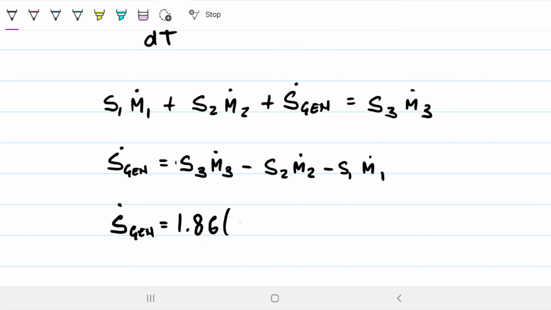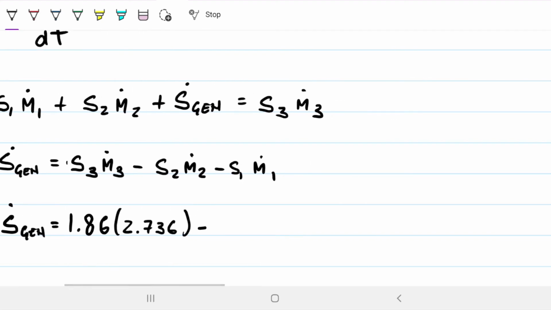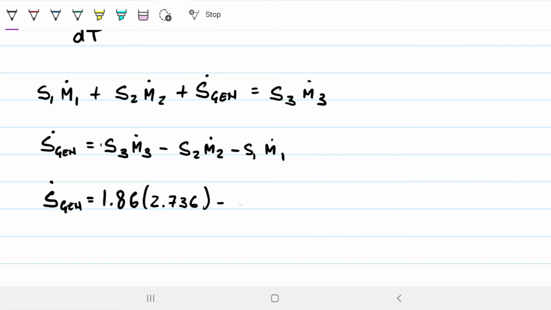So 1.86 times mass 3, the one that we just found, 2.736, minus S2, the table here, 1.307 times mass flow rate 2, that's the very small one, so what we found, 3.6.